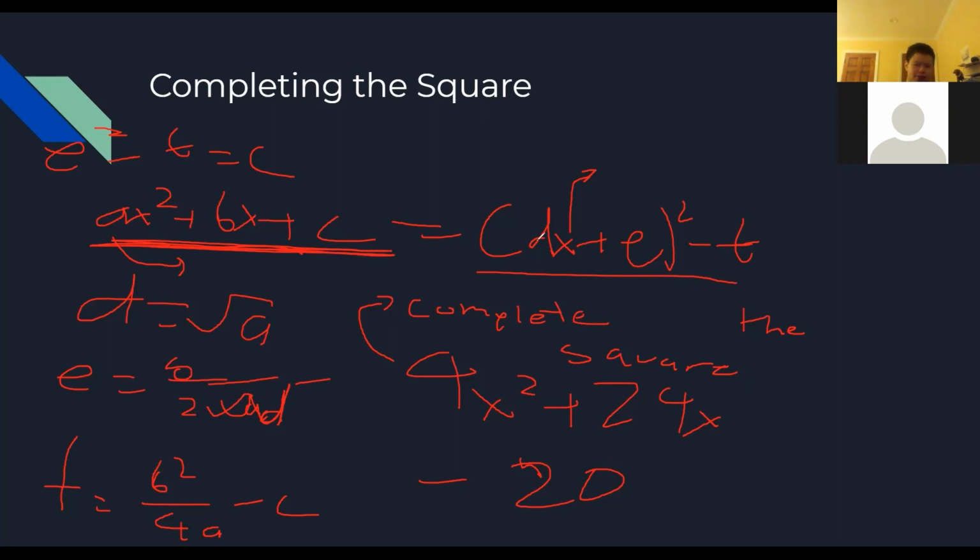Another way to form a square is to first expand out the binomial, say 4x squared plus 20. Is to first have the x squared and x term, and then to add something on to make it a binomial.